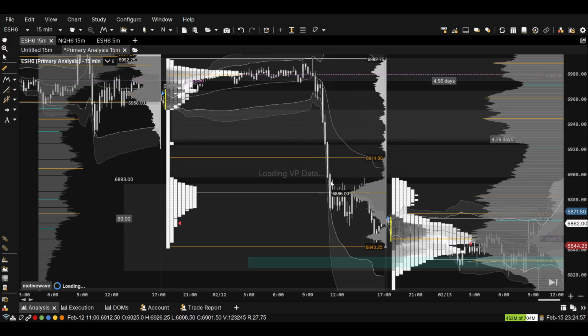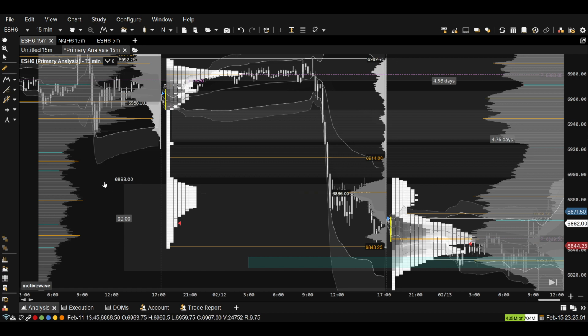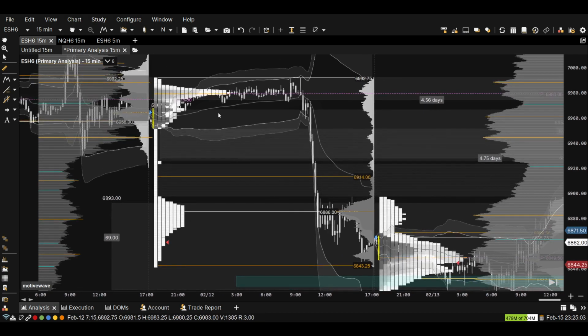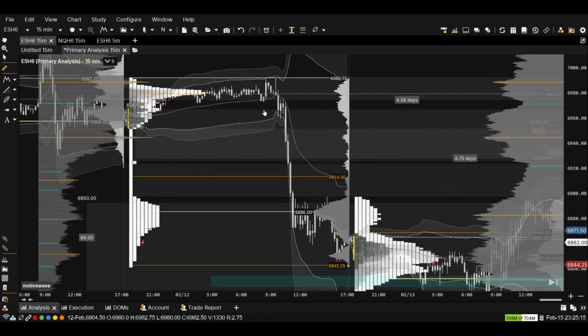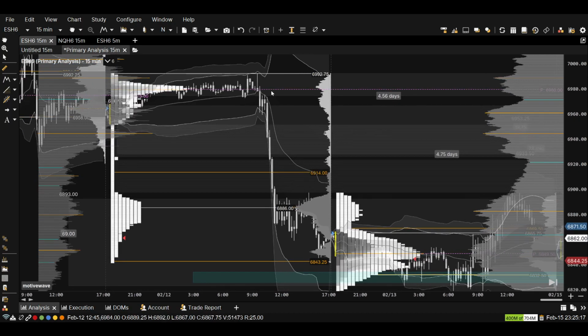Thursday, sorry. On Thursday we had a huge range, a double distribution day here and here, with single prints here and here. And in the volume profile, we are seeing something.